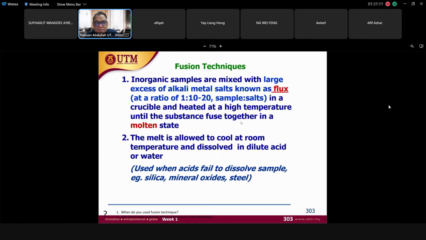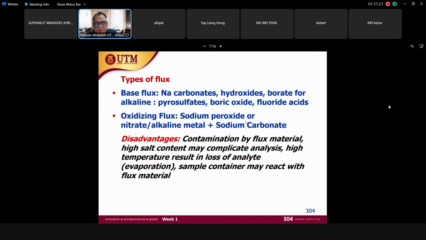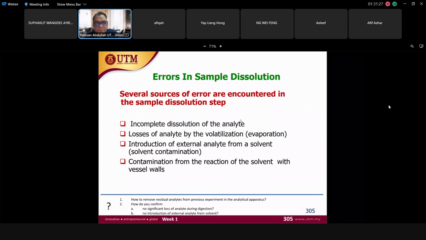Fusion technique as well. We have fusion techniques, where an excess of alkali metal salts known as flux is mixed in a crucible and heated at high temperature together in a molten state. This is the fusion technique. We have a lot of techniques to prepare the sample. And some errors also happen sometimes: incomplete dissolution of the analyte, loss of the analyte by volatilization, like when we do open digestion, right?